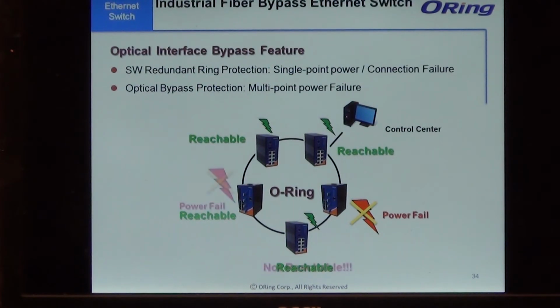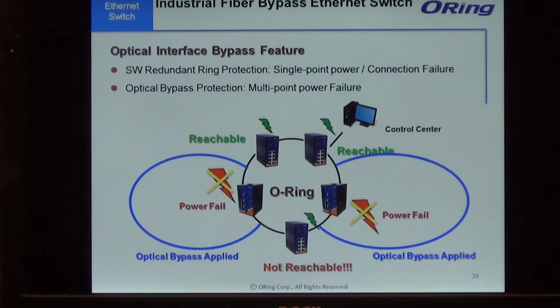However, if there's another power failure on an Ethernet switch, the software redundancy ring is not able to keep the structure running well. But if we have the fiber bypass function, the whole structure can still operate with no problem because of the hardware relay switching.